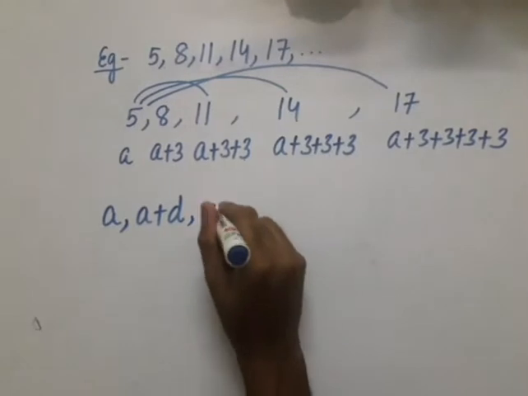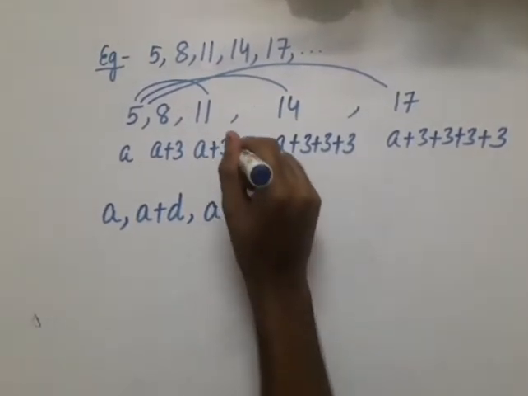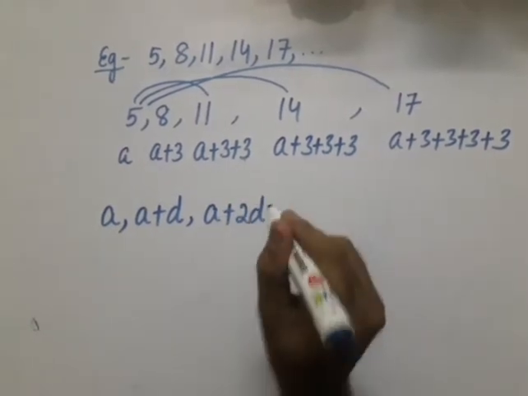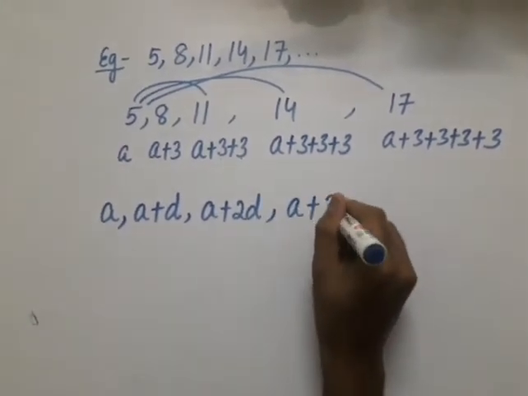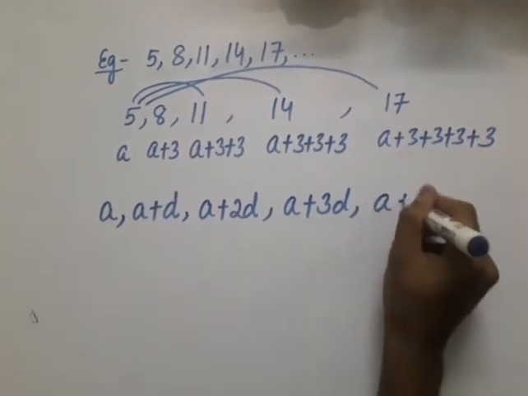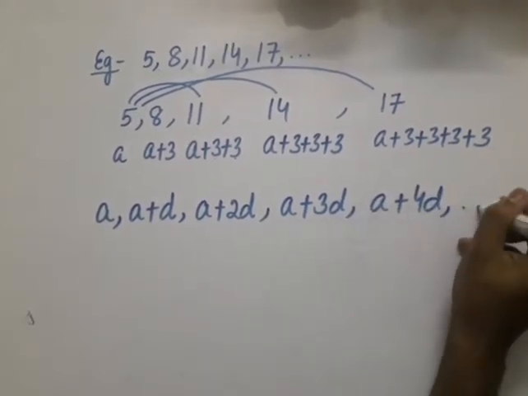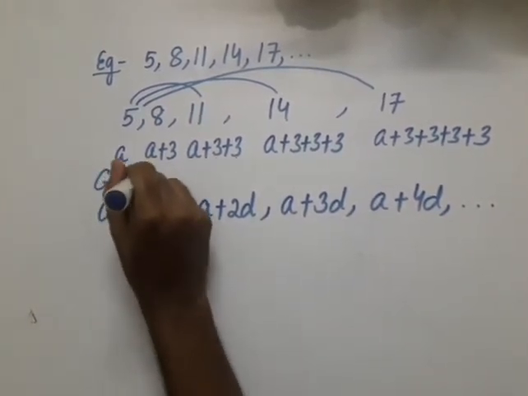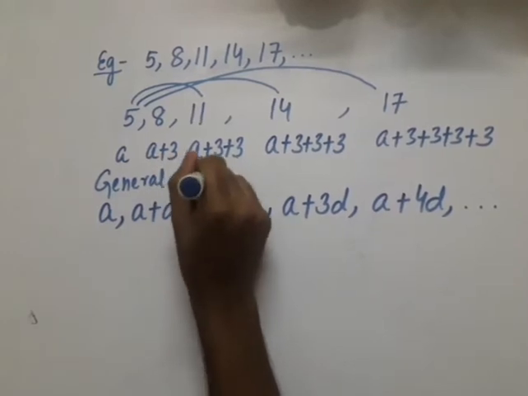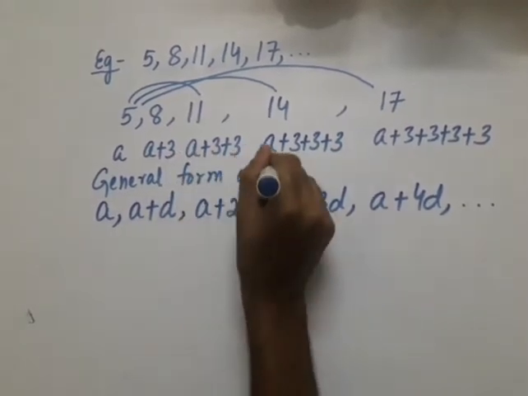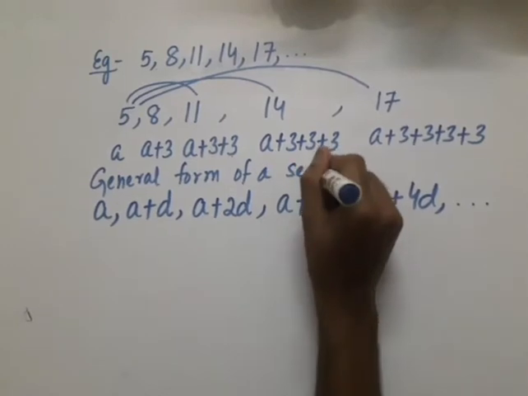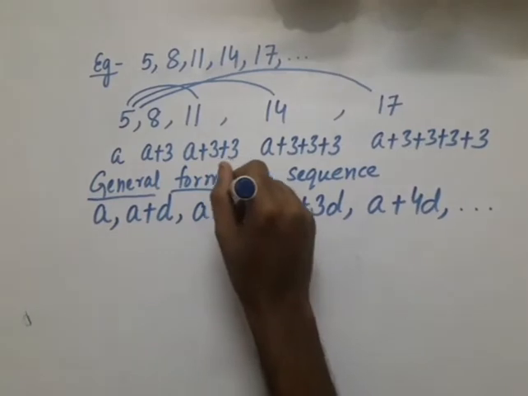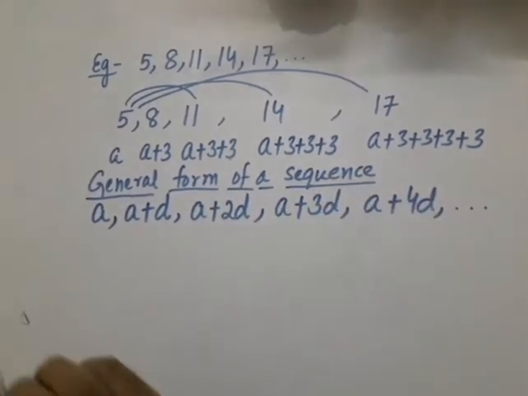A plus 3 plus 3, that means twice times 3, 2D, then again A plus 3D, then A plus 4D, and it goes on. This is the general form of a sequence.